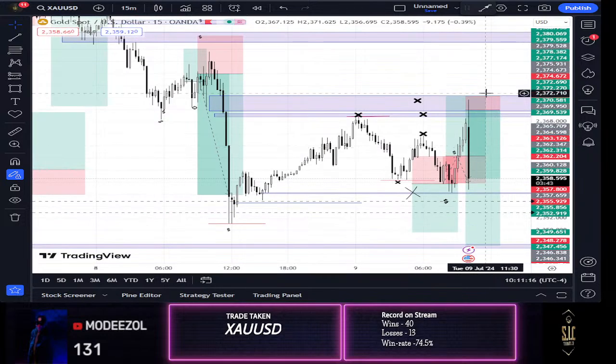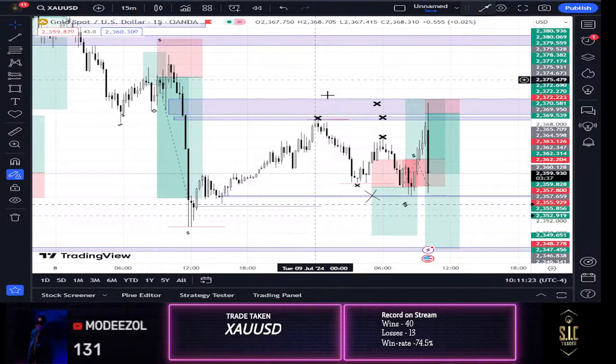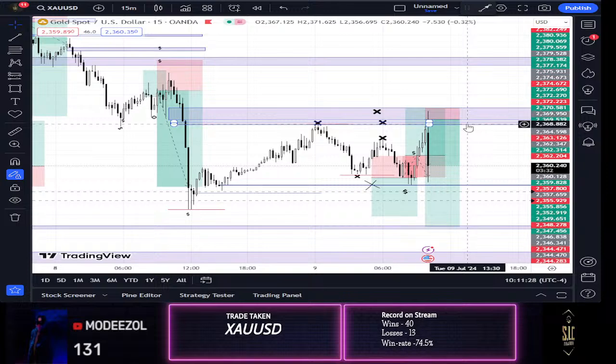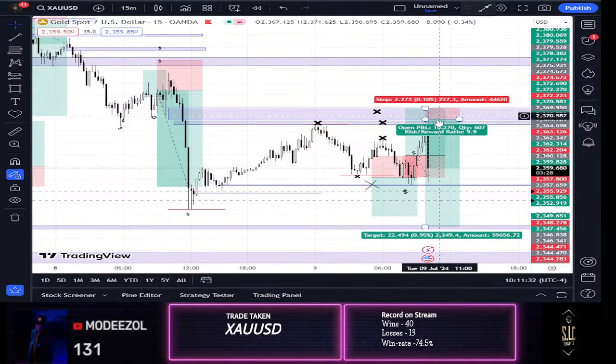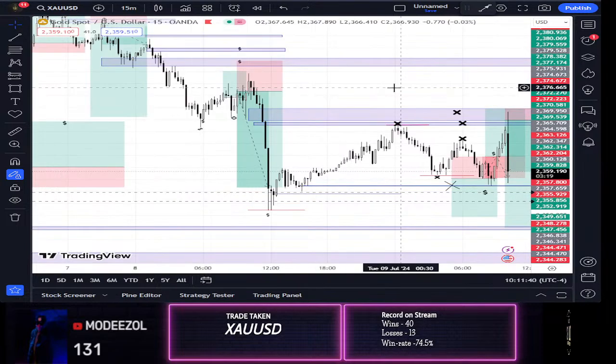I do not use pending orders at all. I am market execution every time, because I understand I want a certain price. If it doesn't get to a certain price, I'm going to make a decision to hit the button based off of what price action is giving me at that moment, right?